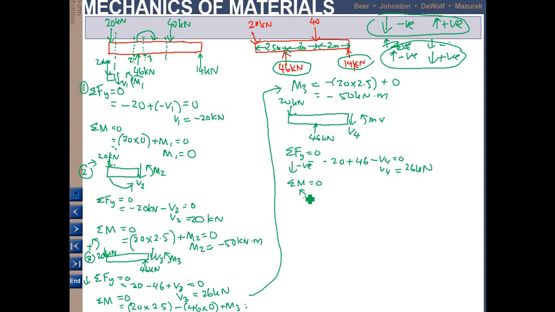If you consider this as positive, you will get 20 will be positive because it is the same direction.